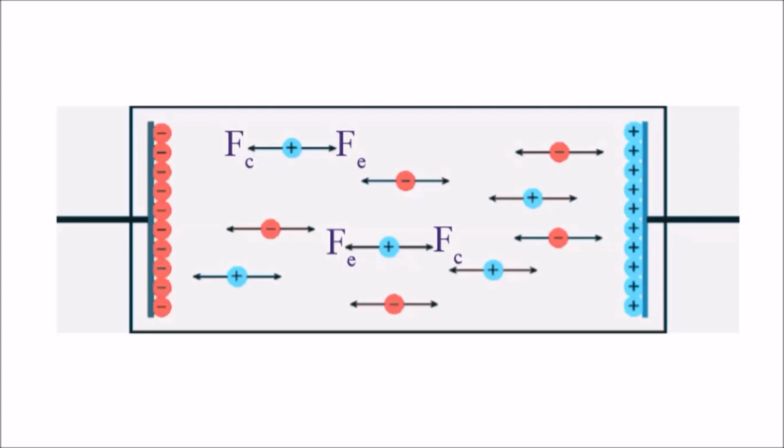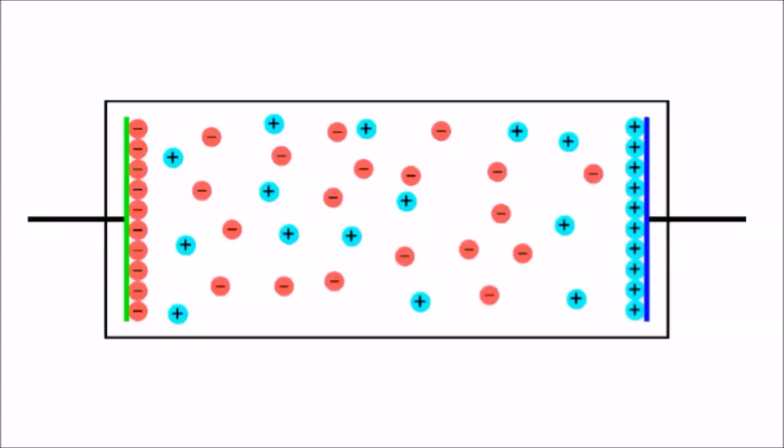By this we can consider the chemical force will become equal to the electrical force. When will it become equal? When total charges are accumulated. After Fc and Fe become equal, there will be no net force, and the negative terminal is fully filled with negative charges, the positive terminal is fully filled with positive charges. This is what happens in a cell.